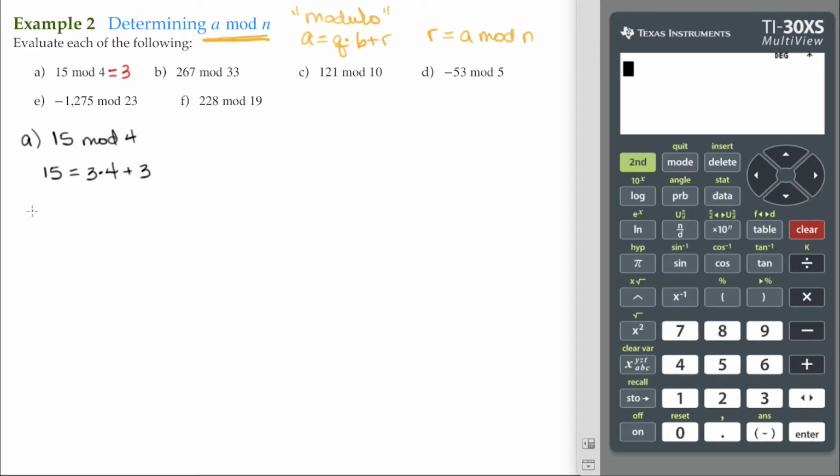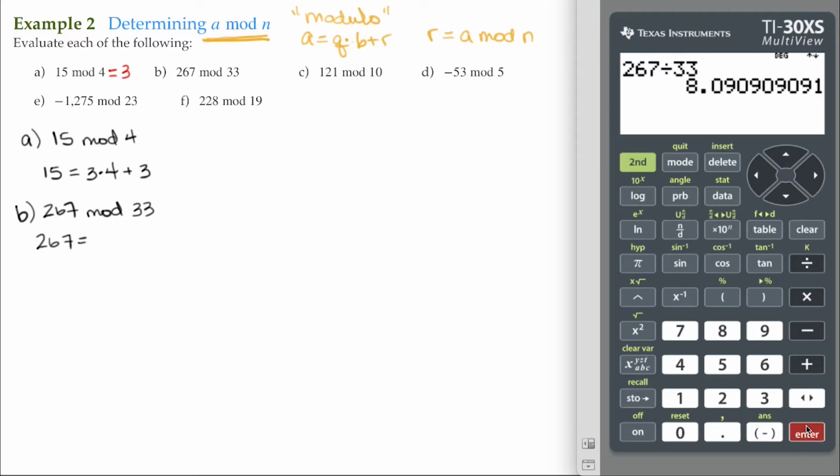We'll do the same for B. We have 267 modulo 33. Using the division algorithm, I have 267, and I'm going to use my calculator. I'm going to divide that by 33. That gives us 8. Don't forget, we always round this down to the nearest integer.